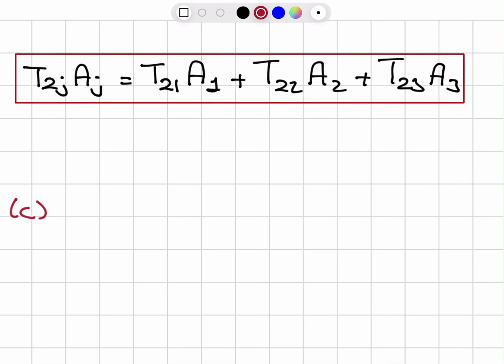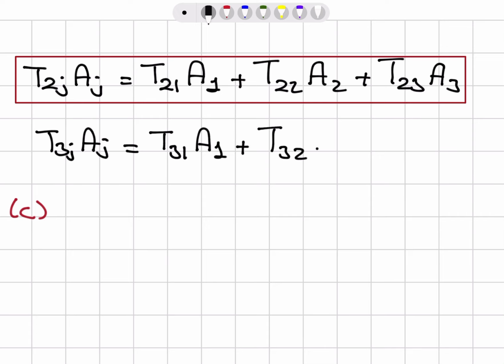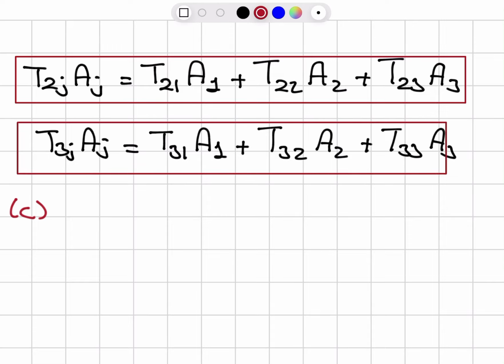And for i equal to 3, we will have T3j Aj, and that's equal to T31 A1 for j equals 1 plus T32 A2 for j equal to 2 plus T33 A3 for j equal to 3.